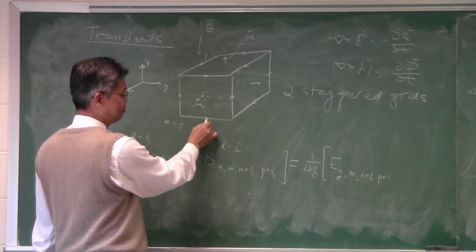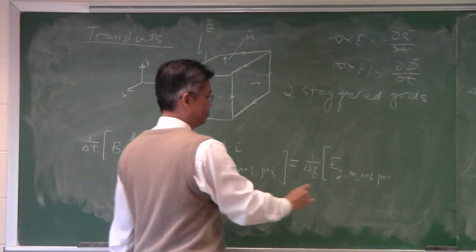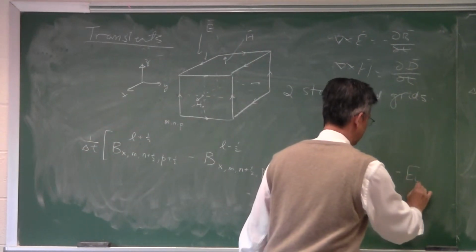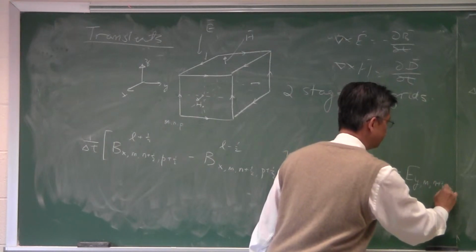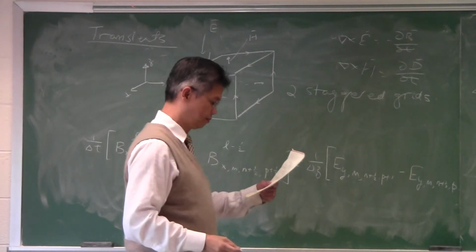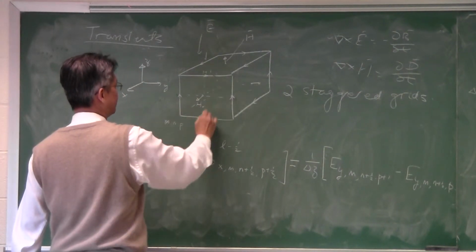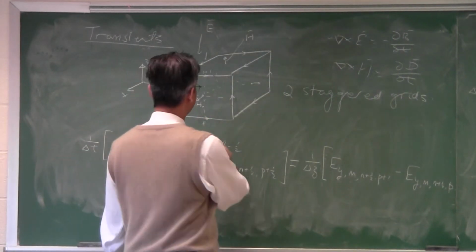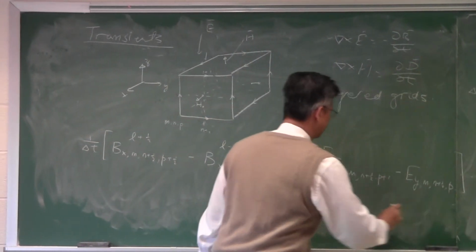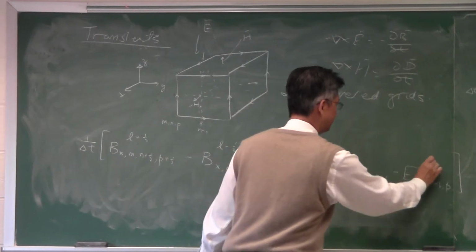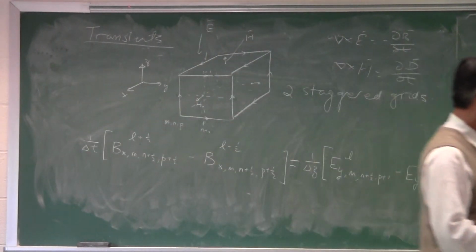So y is in the half direction, p is in the one direction. P is this one minus E_y m n plus half p. Okay, so this is p plus 1, this is p plus 1, this is p. And then this is n plus half 1. And then this will be in the L time step. This is the approximation you can write for this first derivative.